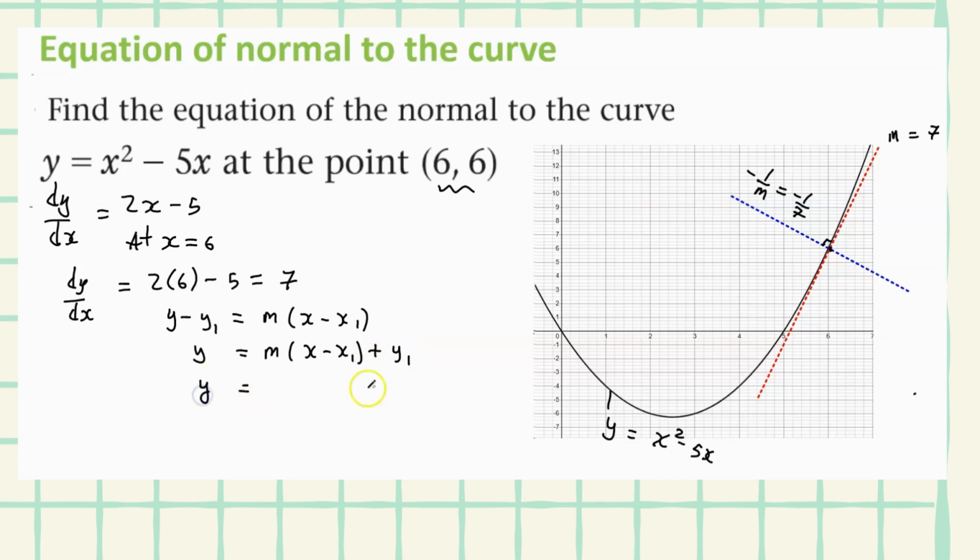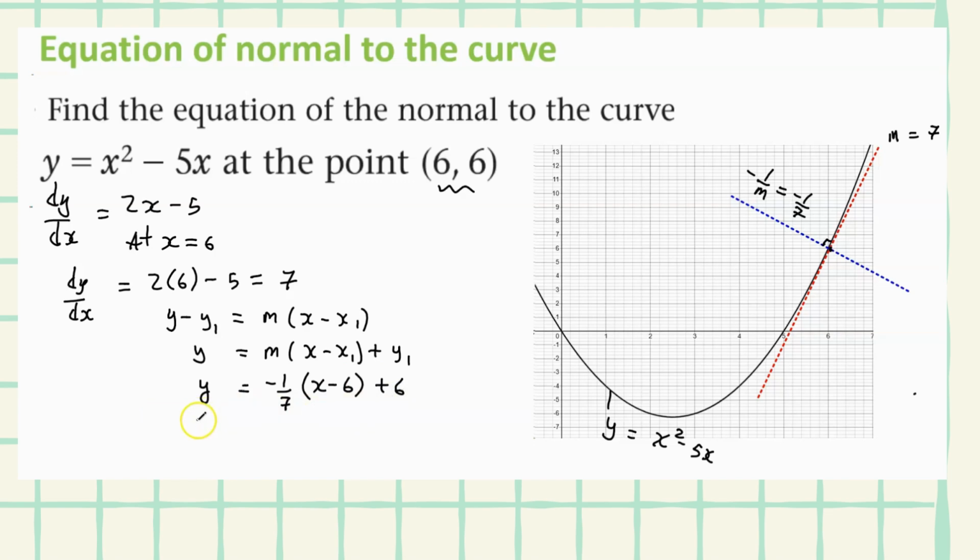So we can write the equation: we have minus 1 over 7 as m, into x minus x1, which is 6, plus y1, which is 6. So that's the equation of the normal.